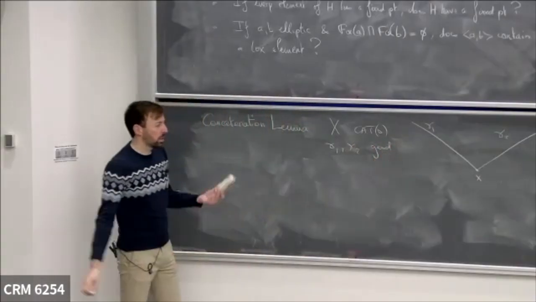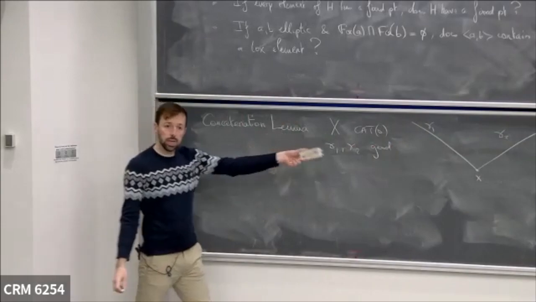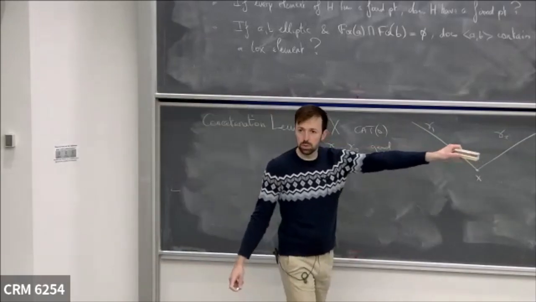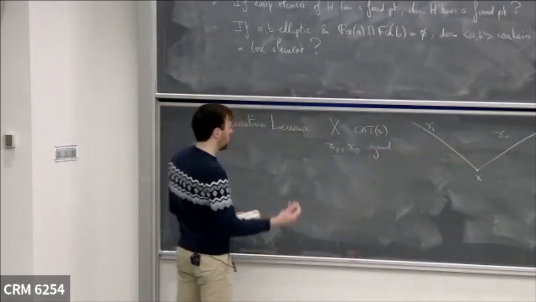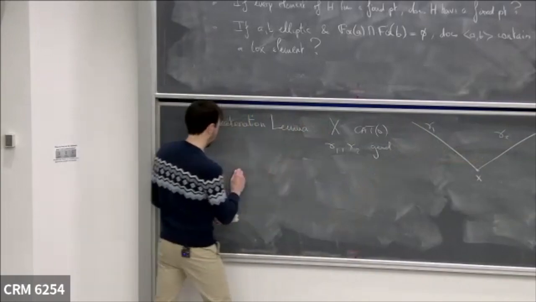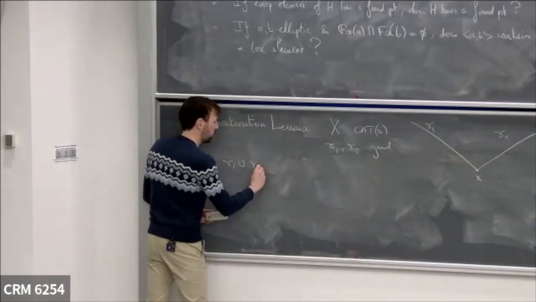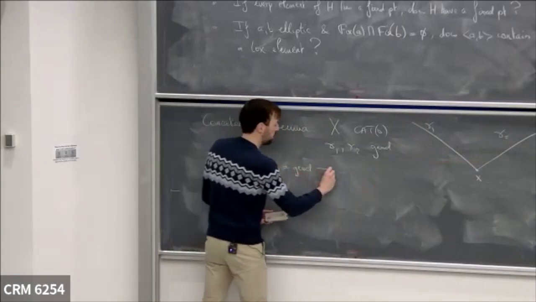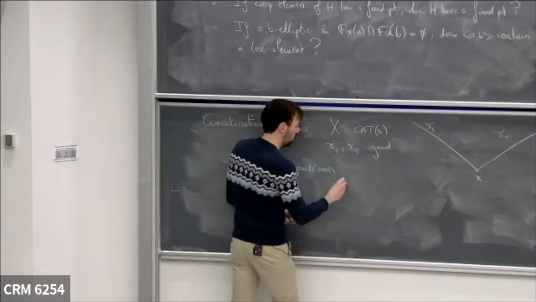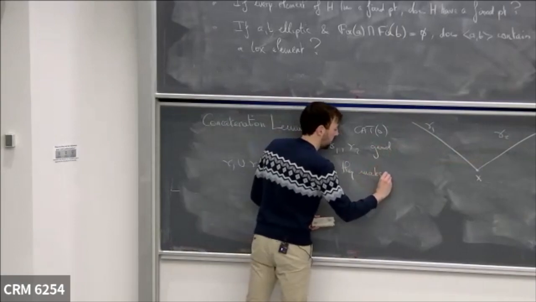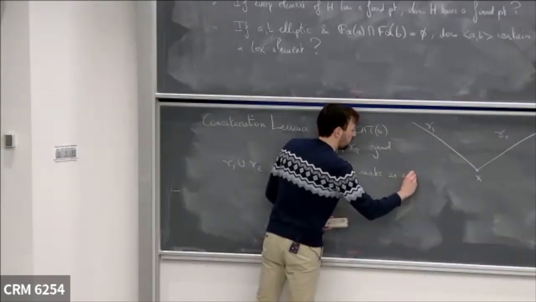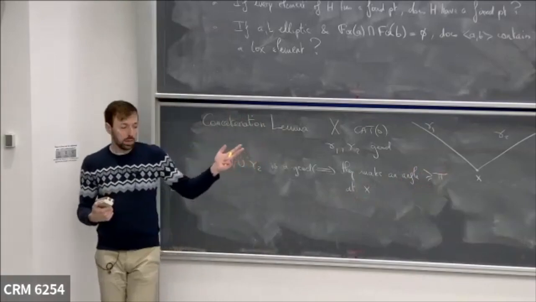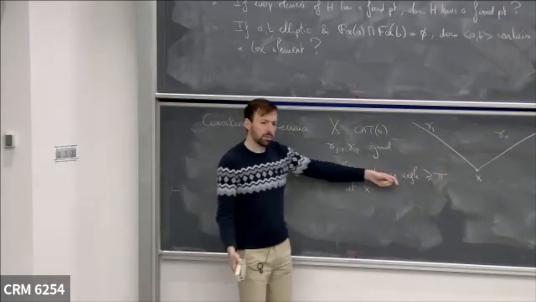What we are trying to understand is whether the union is again a geodesic, which is exactly what we want for the thing to work. And we have that gamma 1 union gamma 2 is a geodesic if and only if they make an angle at least pi at x.